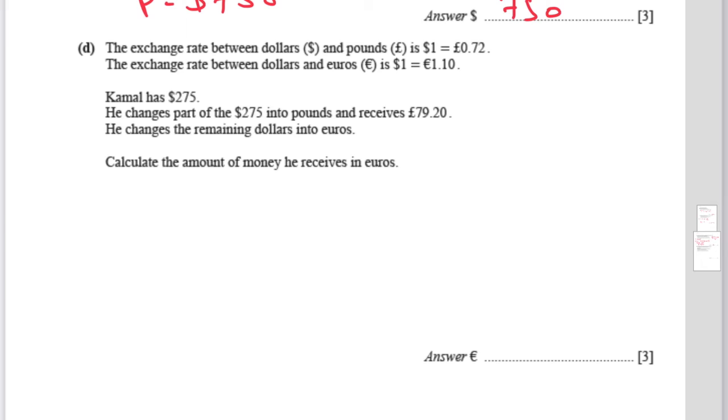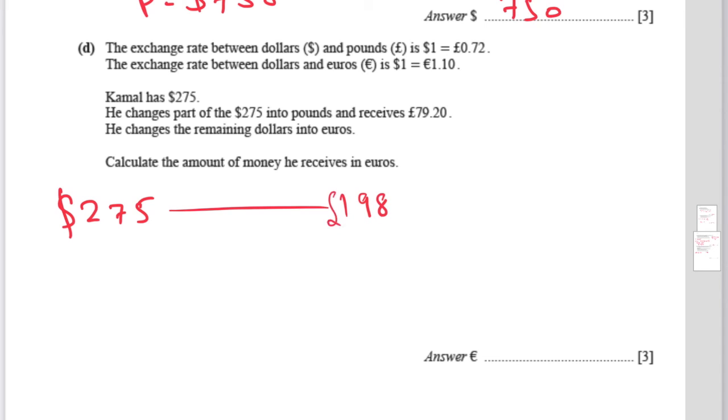First of all, if we are changing $275 to pounds, let's see how much $275 is converted to pounds all by themselves. So $275 converted to pounds is actually 275 times 0.72, so 198 pounds.